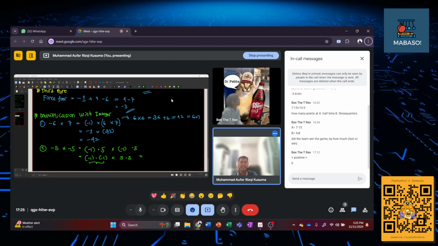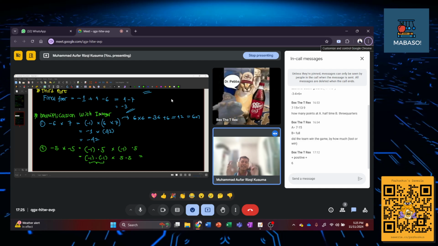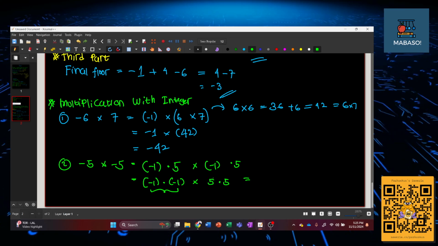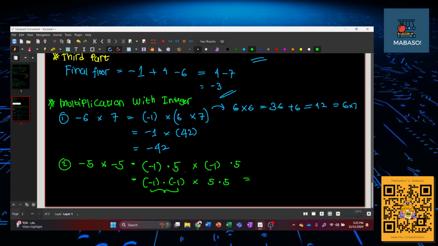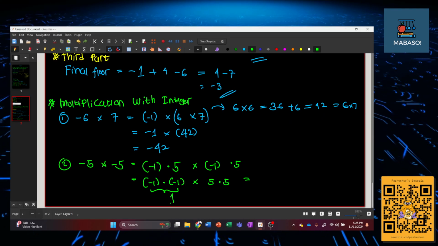It's not zero. This is the weird part of mathematics: if you multiply a negative with a negative, you'll get a positive.